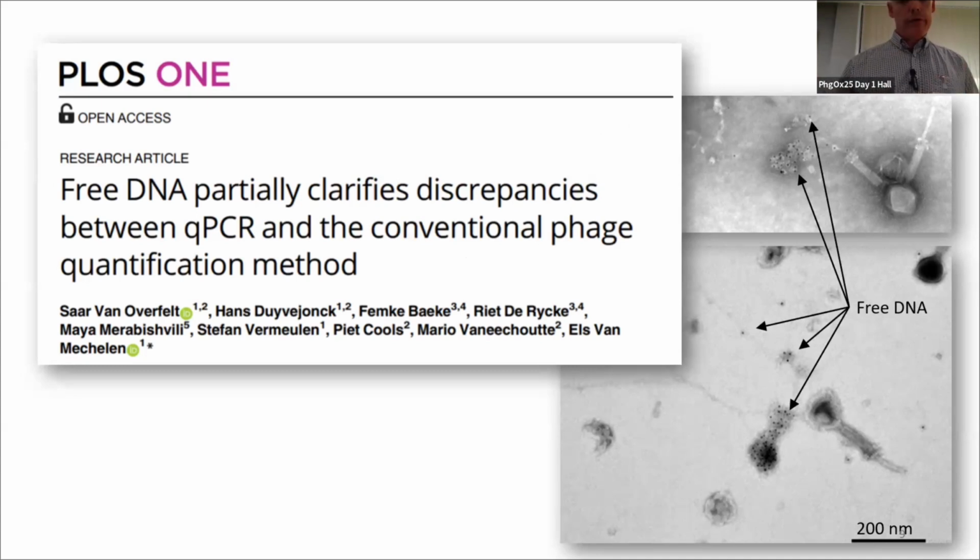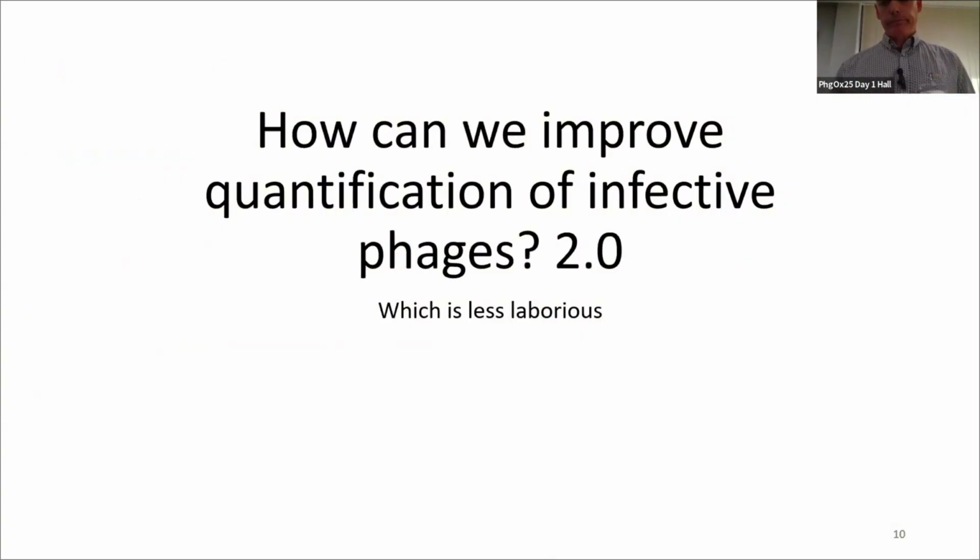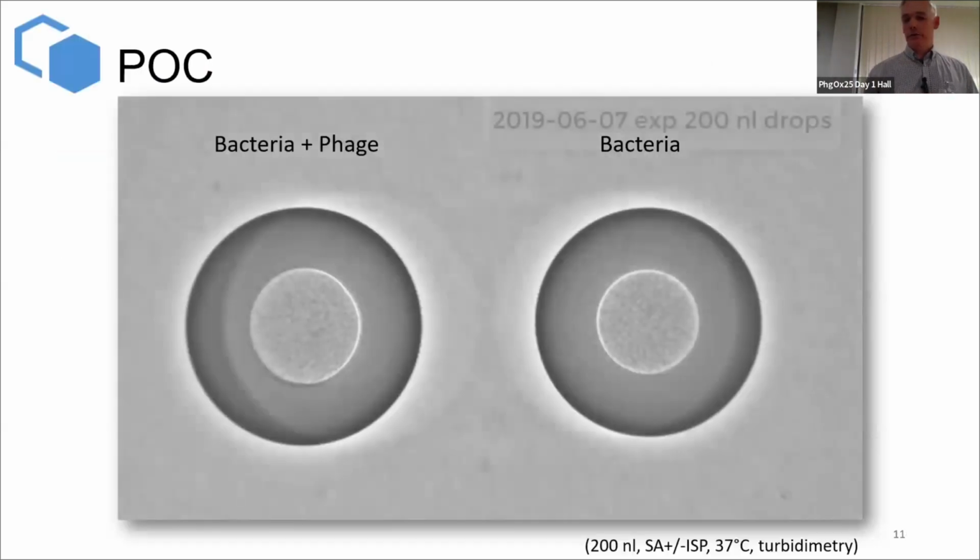So we could partially clarify the discrepancies. So we were back to square one. We wanted to improve quantification of infective phages 2.0 with a less laborious method.